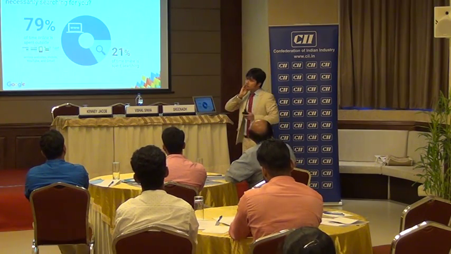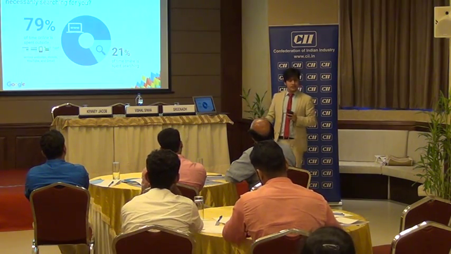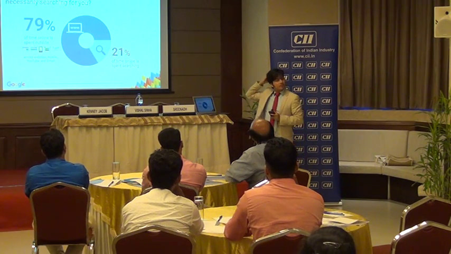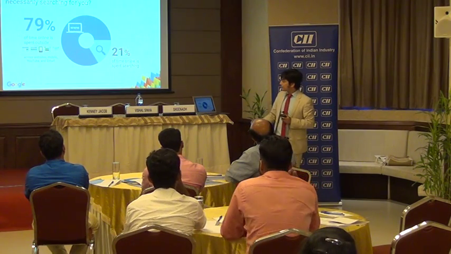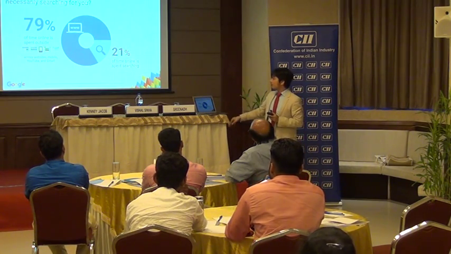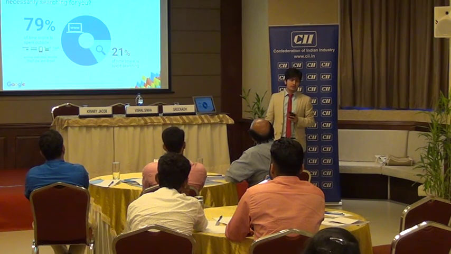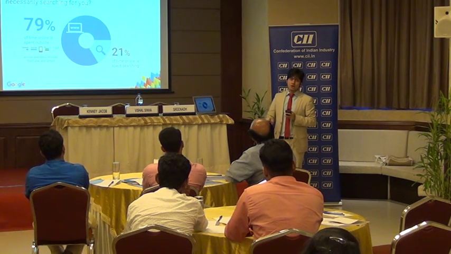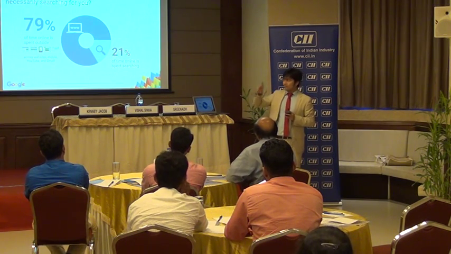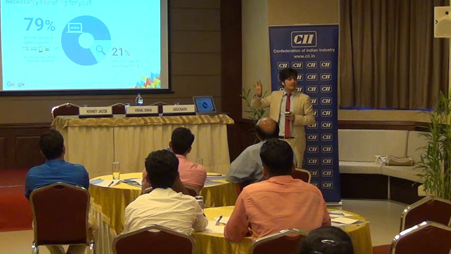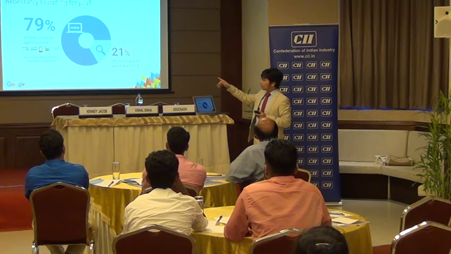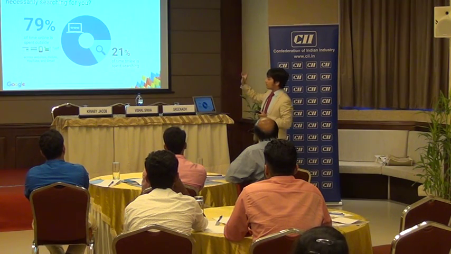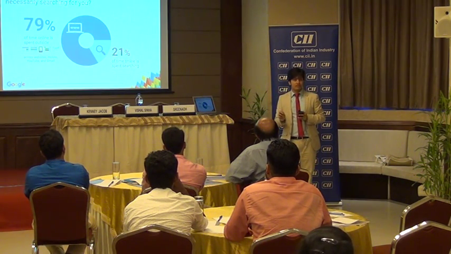This slide basically talks about that anybody who's on internet today spends only 21% time searching for data, and the remaining 79% time is spent either on websites, mobile, YouTube, Gmail, so on and so forth. Which means that out of the 350 times you're unlocking your phone, 80% of that time, or for example 300 times, 240 times you're doing only because you want to either access a website or you're on mobile or you're on YouTube or you're on WhatsApp.